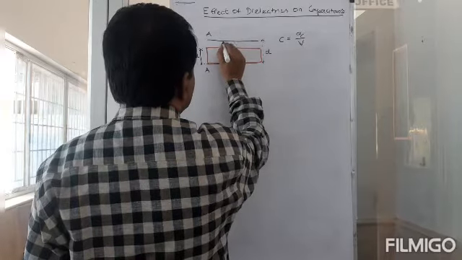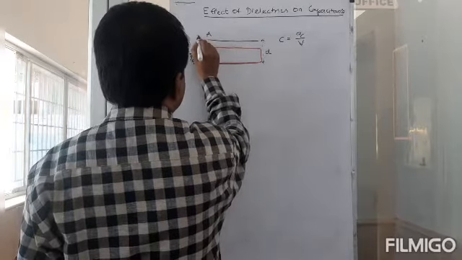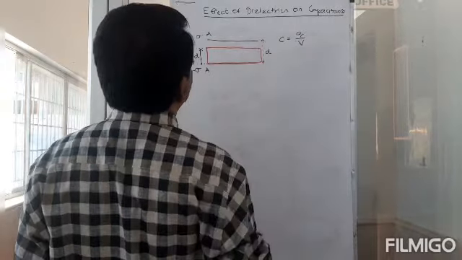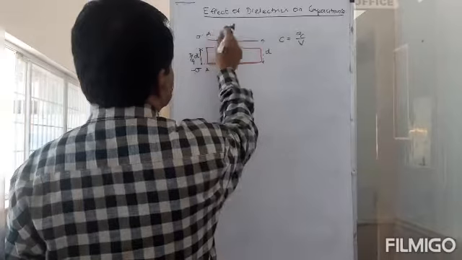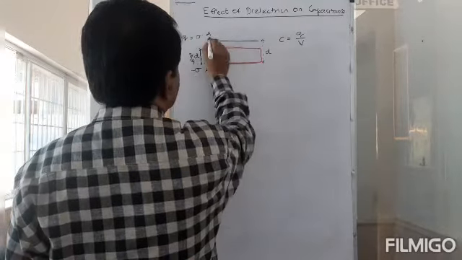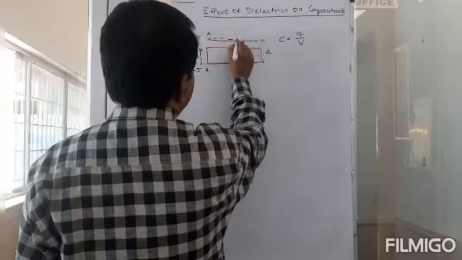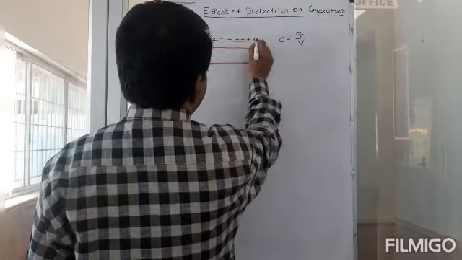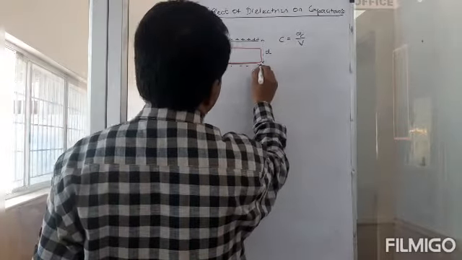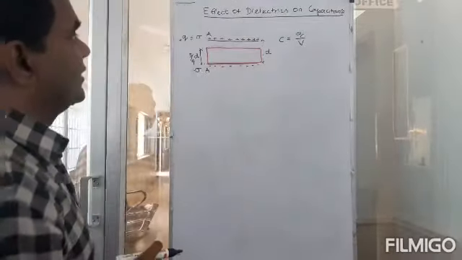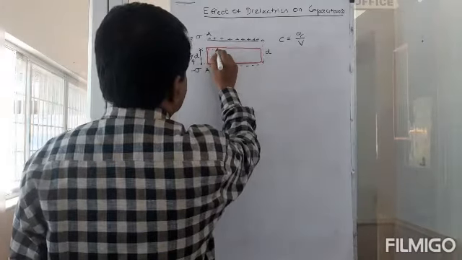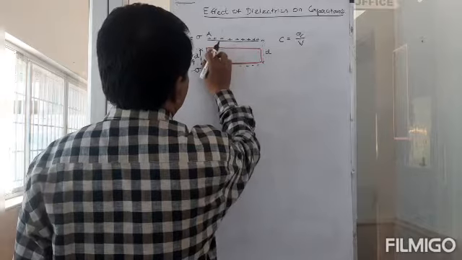Suppose I have surface charge density sigma, and this is going to be minus sigma. So the charge will be Q, plus sigma into A on this plate, and minus sigma into A on the other side. And now we will have negative charges accumulating here.